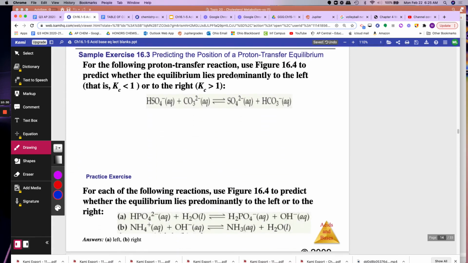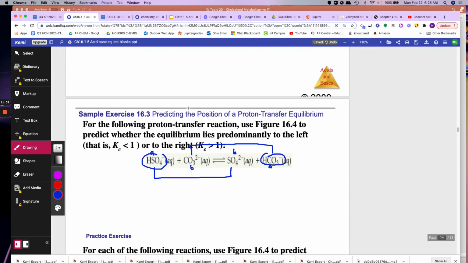For the following proton transfer reaction, use the table above to predict whether the equilibrium goes to the right or to the left. Okay, so we are looking at the conjugate pairs. This is the acid. This is the base. Here's the other conjugate pair. This is the acid. This is the base, because the acid has the H. So compare the two acids, HSO4 minus, HCO3 minus.